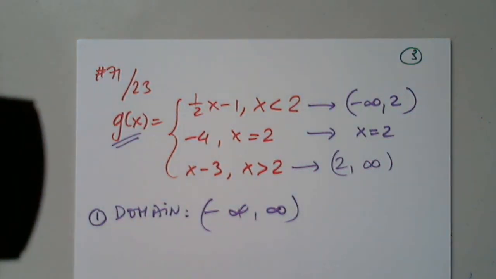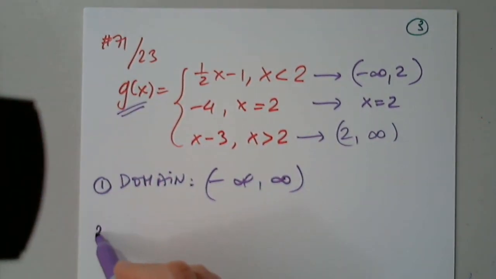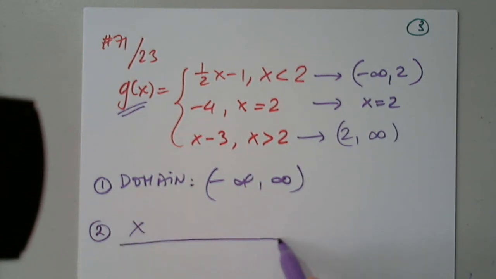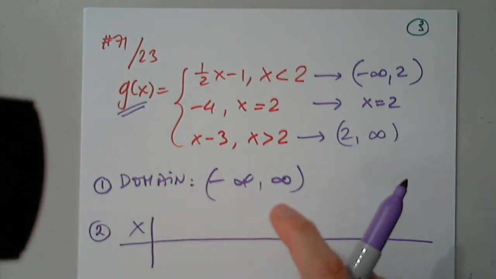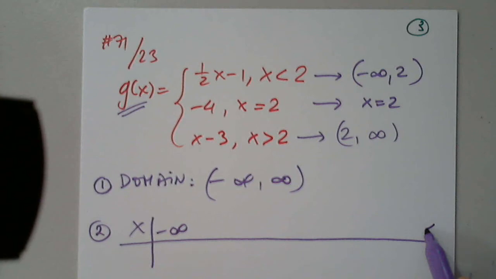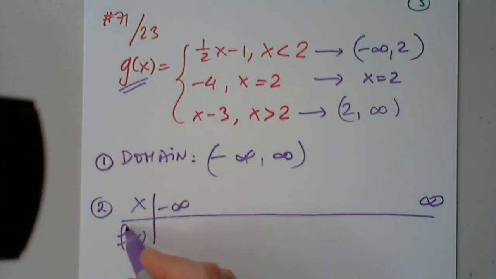Perfect. My next step, number 2, is the table of ordered pairs. Plugging in the domain in the table, putting in the G of x. Good.